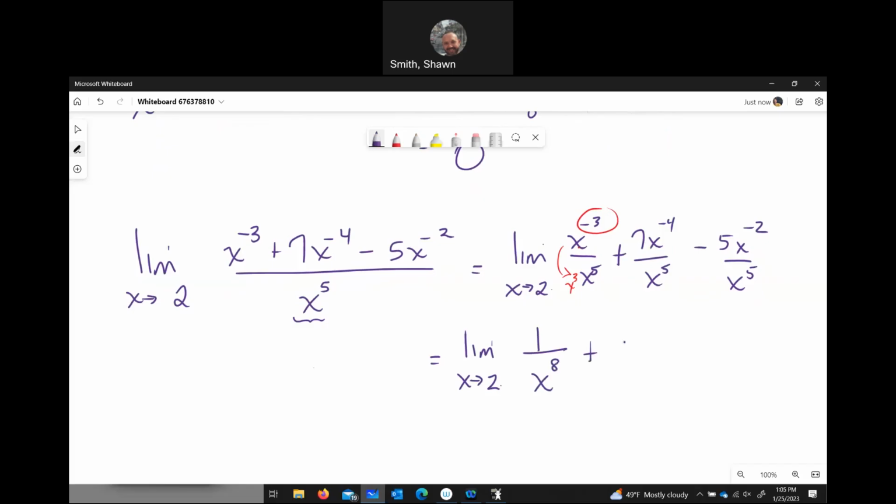Could have picked some nicer numbers if I wasn't making it up off the top of my head. But same thing with this x to the negative 4, it is going to go down and become x to the positive 4 times x to the fifth down there, which will be x to the ninth. And then this will be minus 5 over x to the seventh, right?